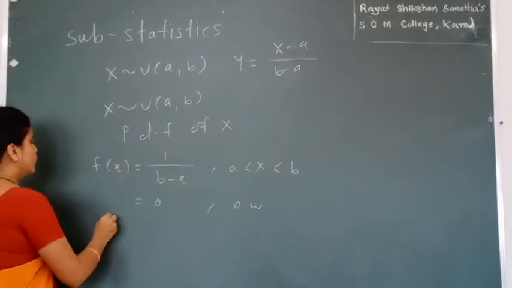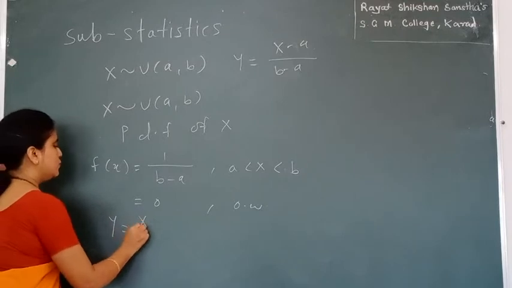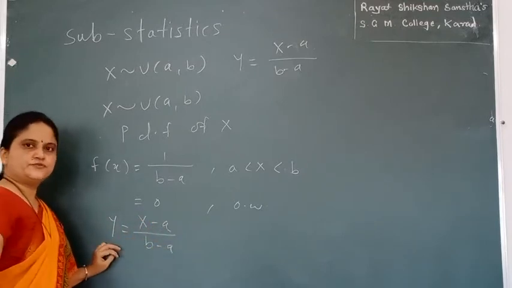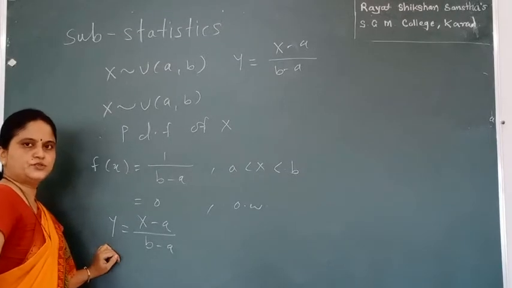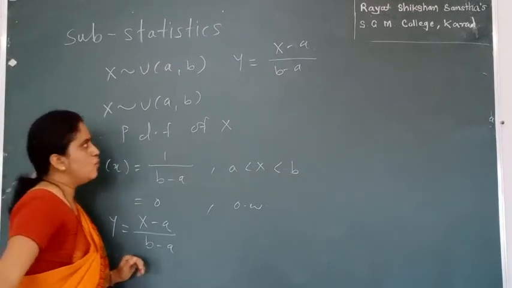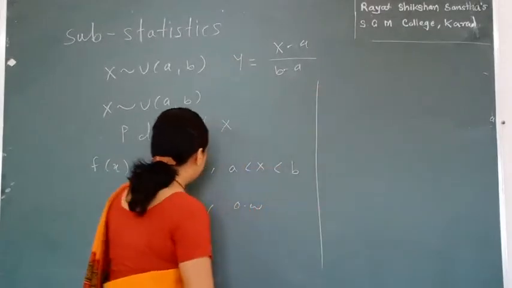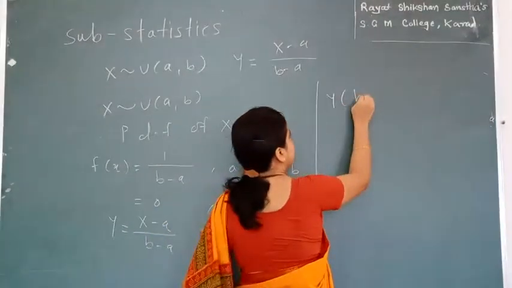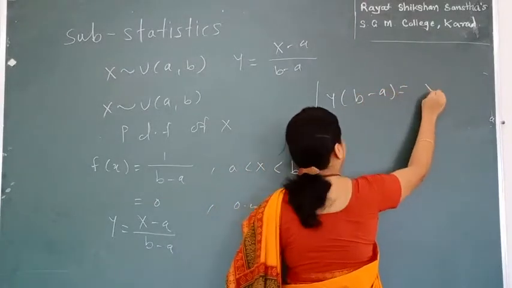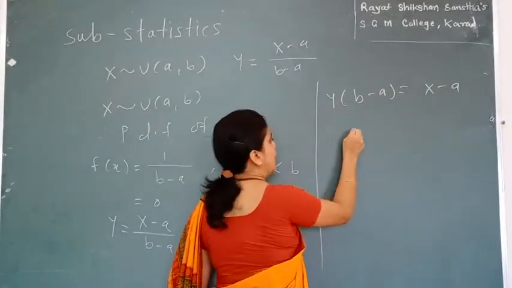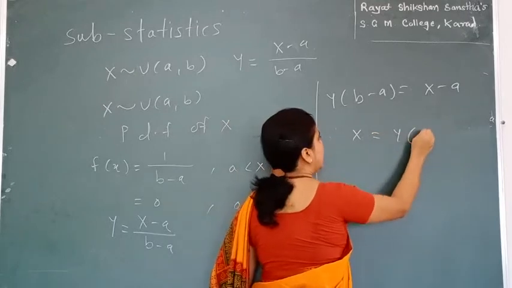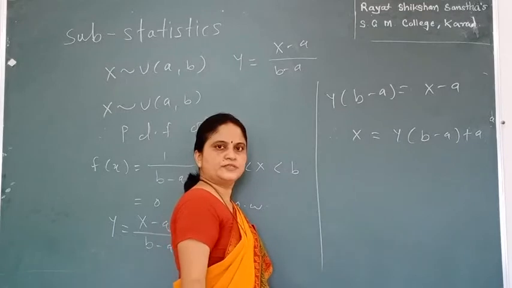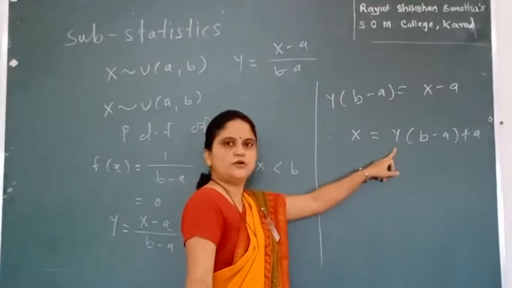Now since we need to find the distribution of y, which is equal to (x minus a) divided by (b minus a), in the transformation method the first step is to find x in terms of y. So we get y(b minus a) is equal to x minus a, and hence the value of x is y(b minus a) plus a. So this is my first step, that is I can find x in terms of y.